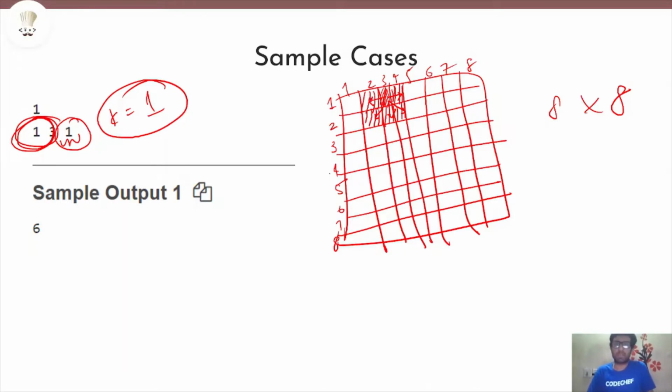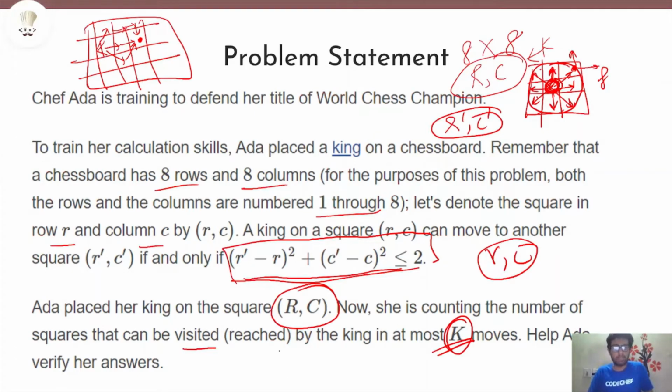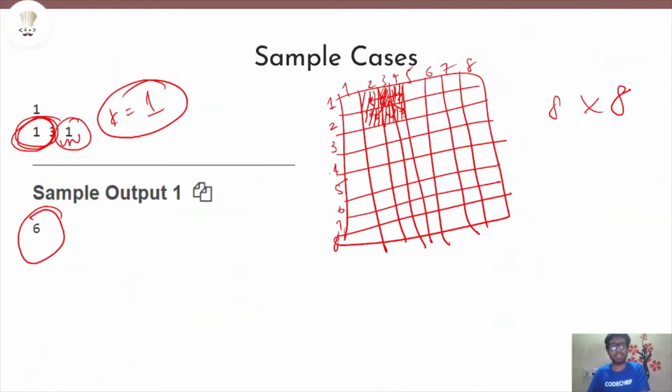And which are those cells? (1,2), (1,3), (1,4), (2,2), (2,3), (2,4). These are the possibilities the king can go to. That's why the output is 6. If you recall, we need to count and tell the number of squares that can be visited or reached by the king in at most K moves. So in at most one move, these are the cells that can be reached, these 6 cells.